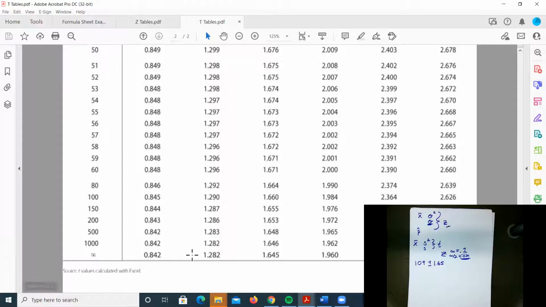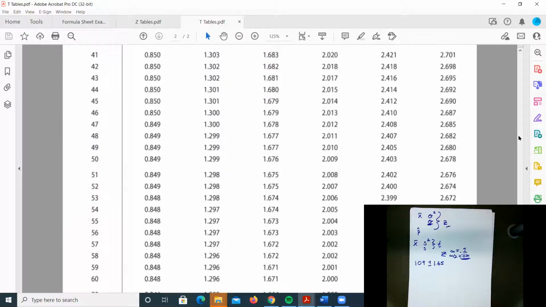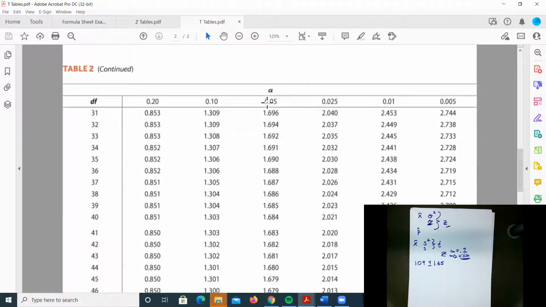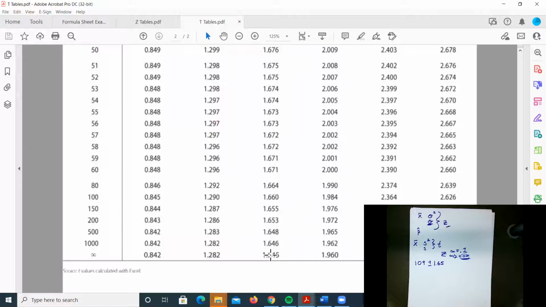So one shortcut is we can use the last row of the student T table to look up different standard normal values. The area I wanted in the tail was 0.05. So I go up here, this is the area that I wanted in the tail, 0.05. Come down all the way to that very last row, 1.645. I can be a little bit more precise. I can go out to that third decimal if I wanted to.